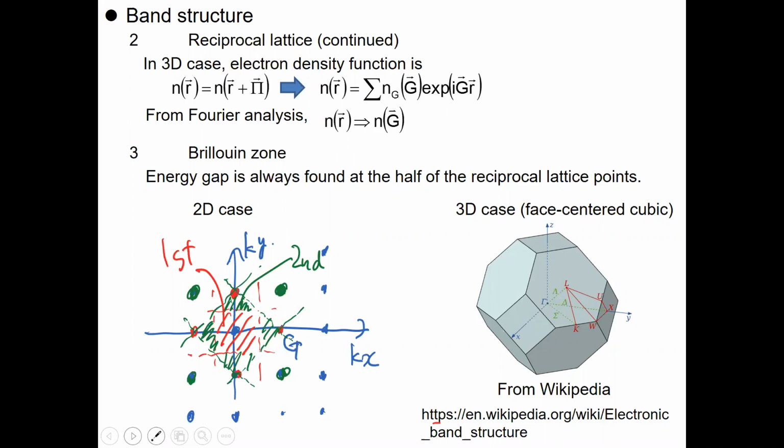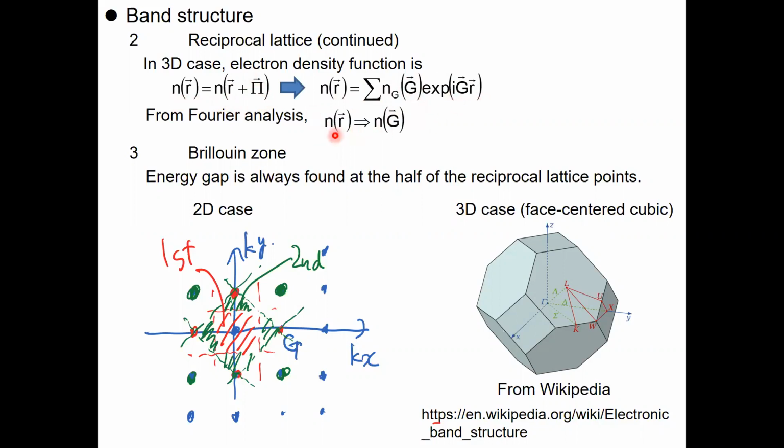So lastly, we can easily extend this concept to the 3D case, and the electron density function is given by the three-dimensional periodicity. So n of r is equal to n of r plus a. And then this n of r is expanded with many different G terms.